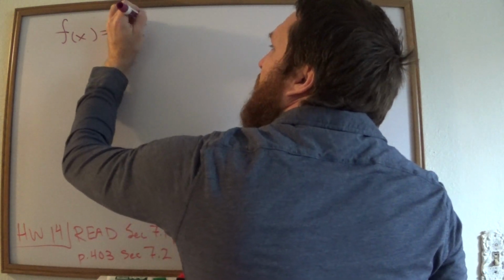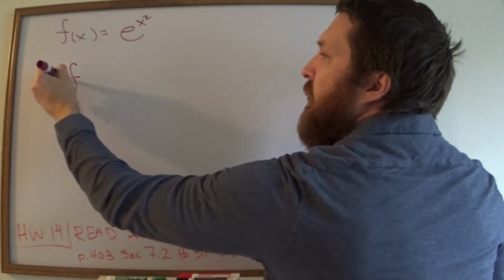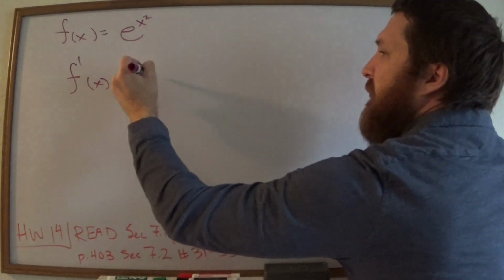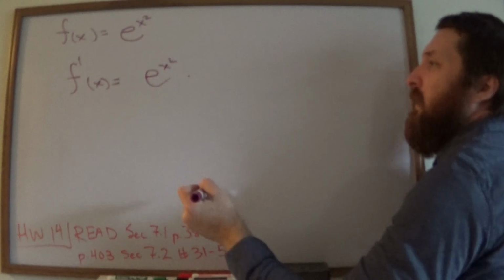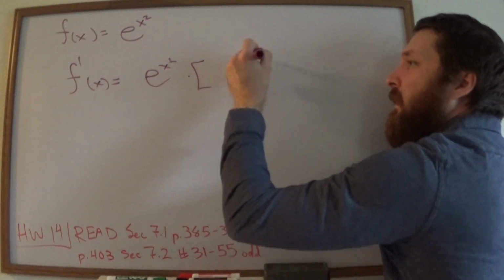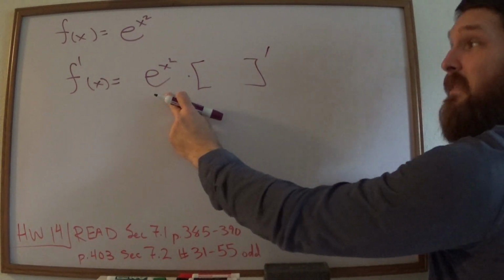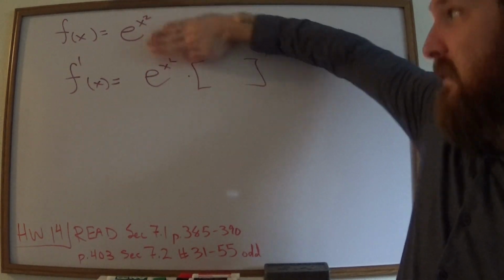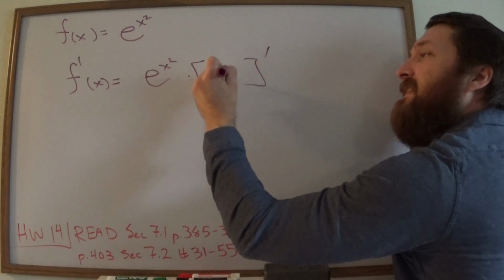So let's just say e to the x squared right there. Now the derivative of e to the stuff is just e to the stuff. That doesn't change. Then we have to multiply by what? The derivative of the inside stuff.